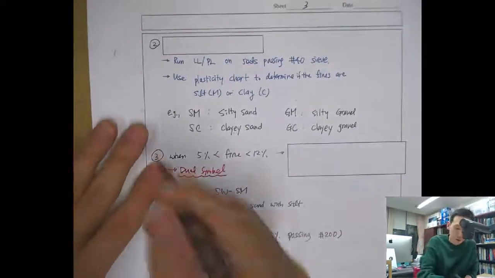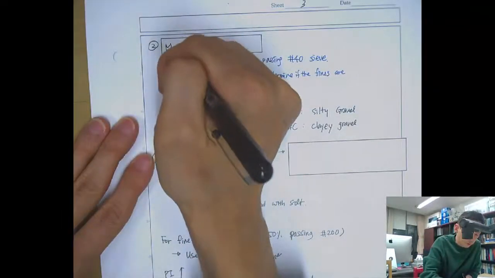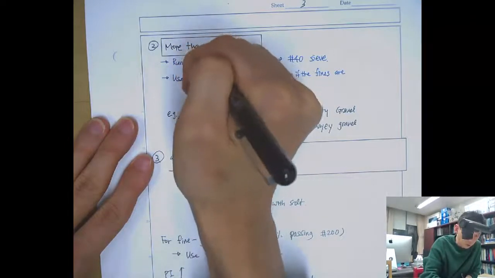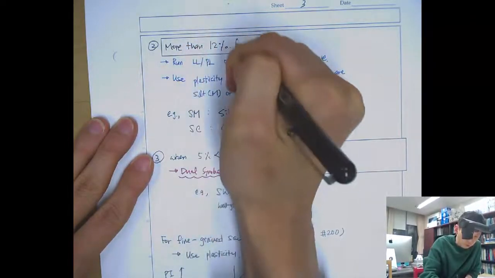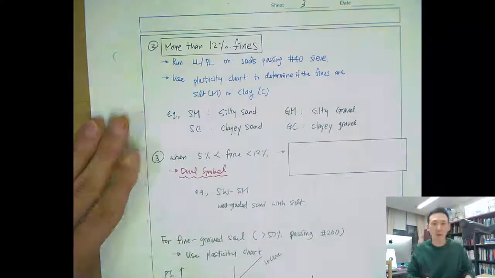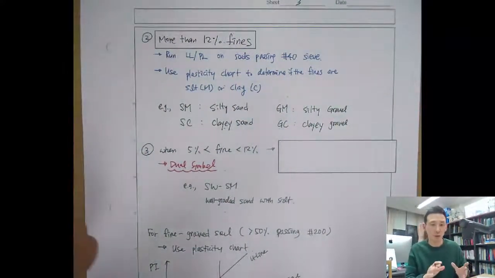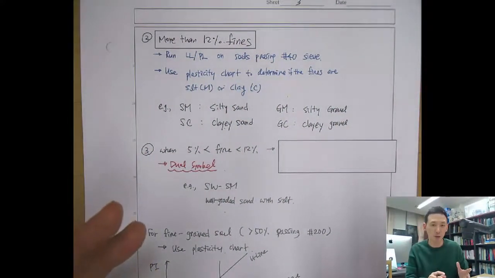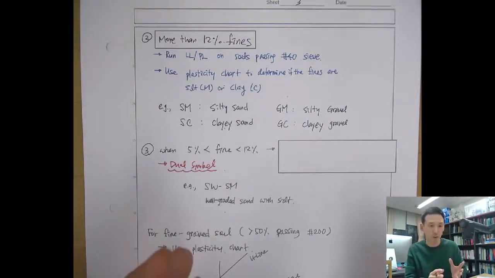Okay, and if the fine fraction is more than 12%, then your soil contains a significant amount of fines. So then the property of the soil will also be affected by the characteristic of this fine, whether it has high plasticity or low plasticity.